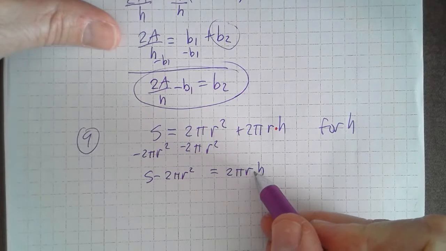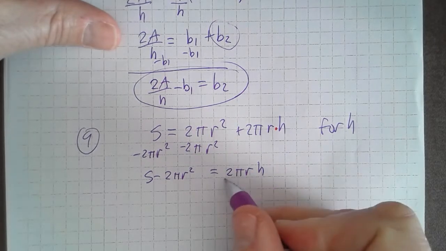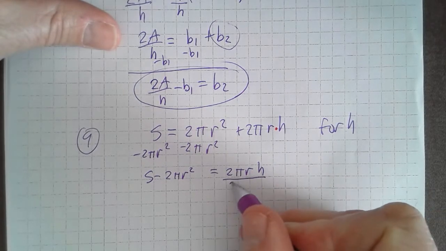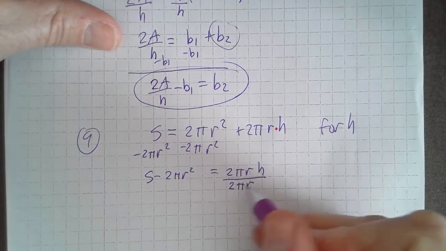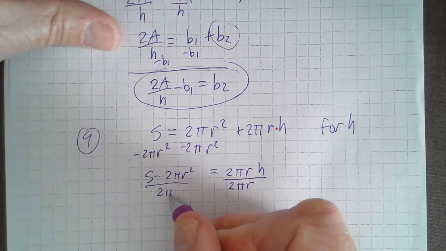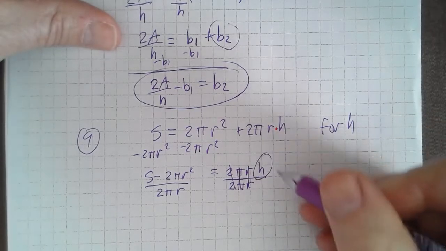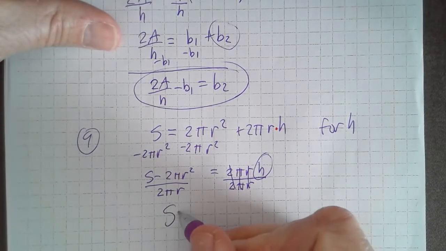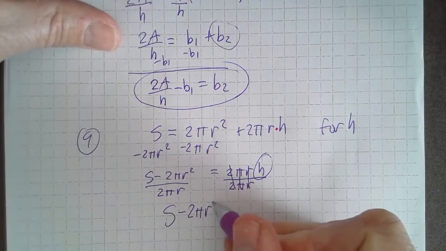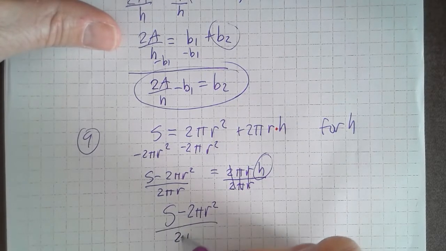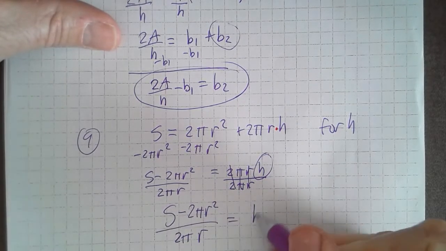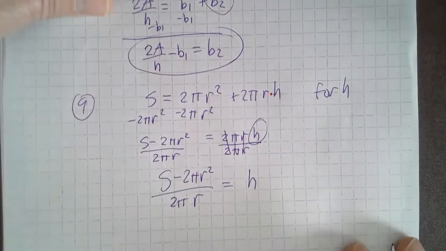Now remember, there's multiplication between all these, so you just want to divide them away. Divide by the 2, the pi, and the r. So cancel, cancel, cancel, and h is by itself. So h is equal to s minus 2 pi r squared over 2 pi r, and that's by itself now.